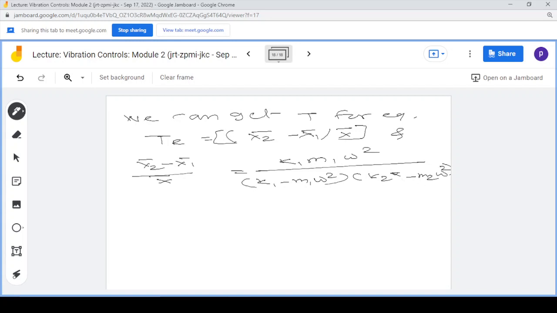That is the earlier equation that we have written, k2 star into m2 omega square. For these two, we can also write down the T.